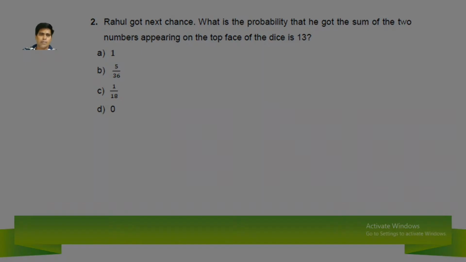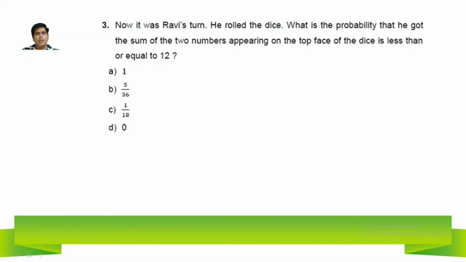Next question, question number 3. Now it was Ravi's turn. He rolled the dice. What is the probability that he got the sum of the two numbers appearing on the top of the face of the dice is less than or equal to 12?